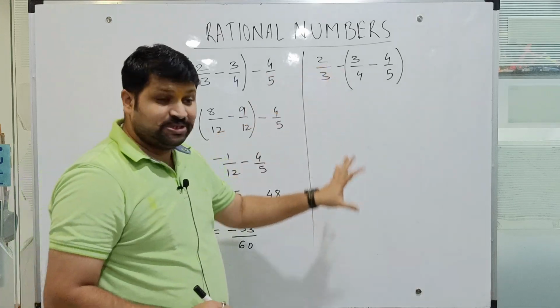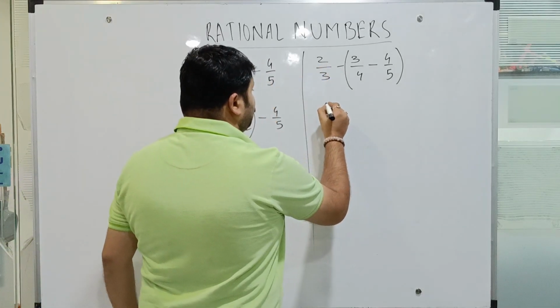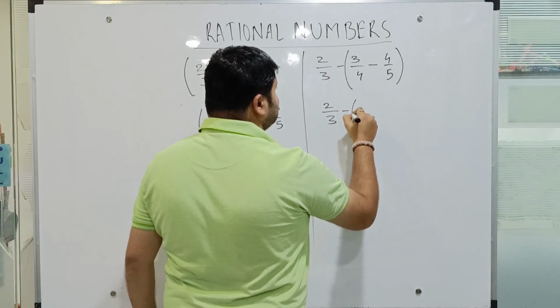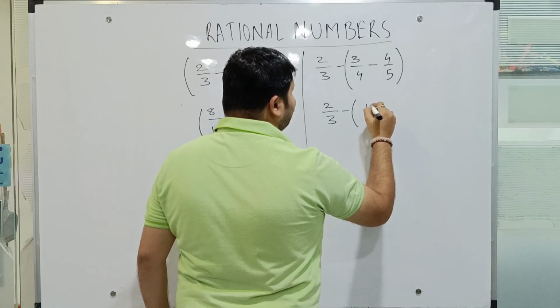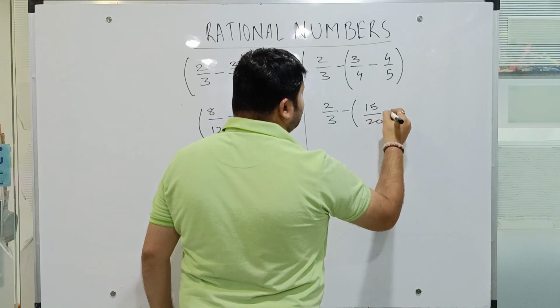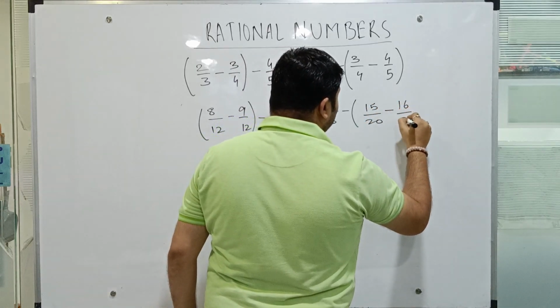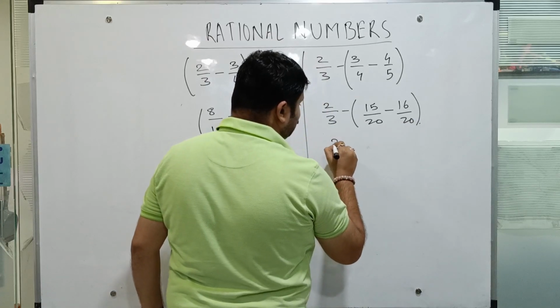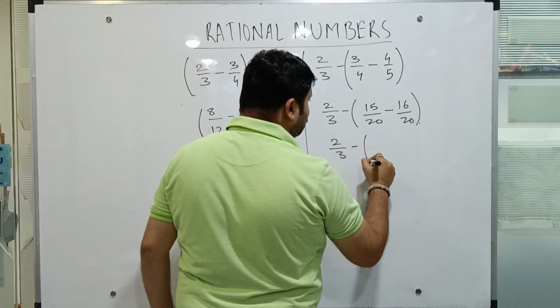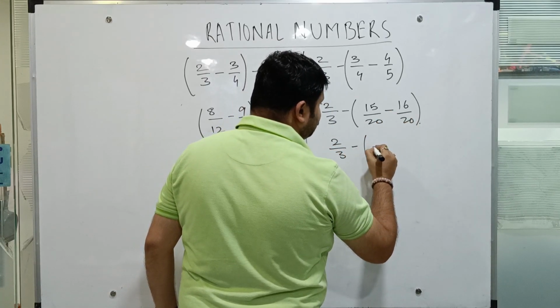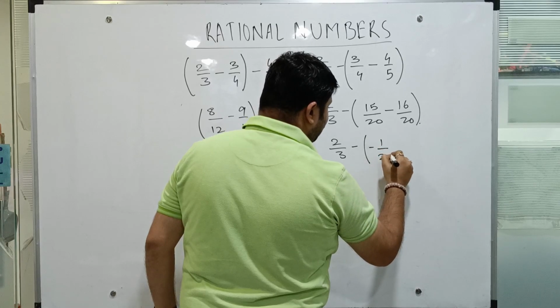Now let's see what happens in this case. I have 2 upon 3 minus, so it would be 15 upon 20 minus 16 upon 20, giving me 2 upon 3 minus 1 upon 20.